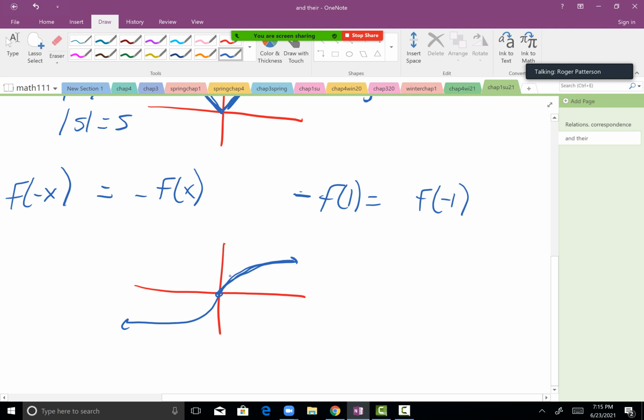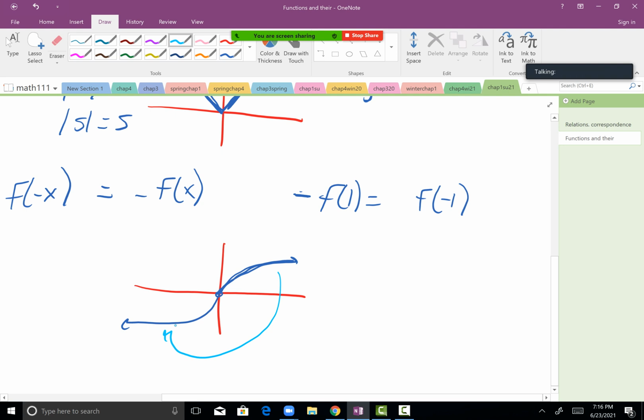So if you can visually rotate that 180 degrees, then that's an odd function. You should be able to tell by looking at their graphs whether they're odd or even. Even is pretty easy to see, odd a little harder to see. They have some nice little graphs in the book. They also have a test.